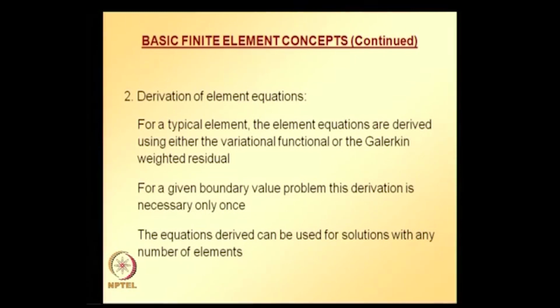In the previous example, we derived equations separately for each of the elements, element 1 and element 2, whereas here we are going to derive for a typical element. The equations derived for this typical element can be used for solutions with any number of elements.